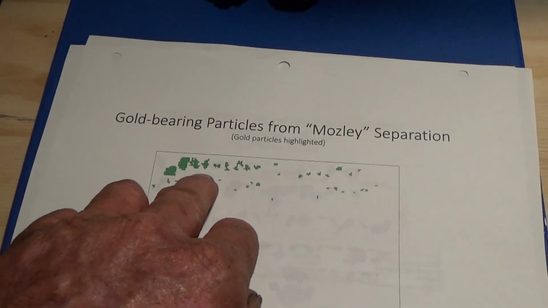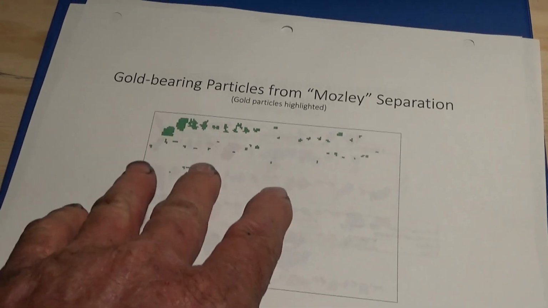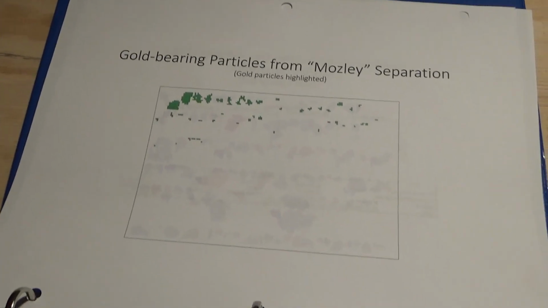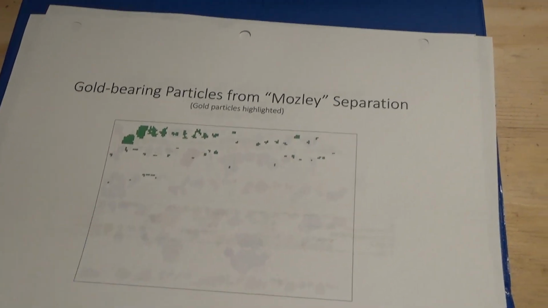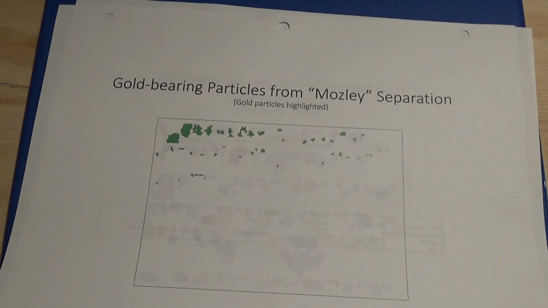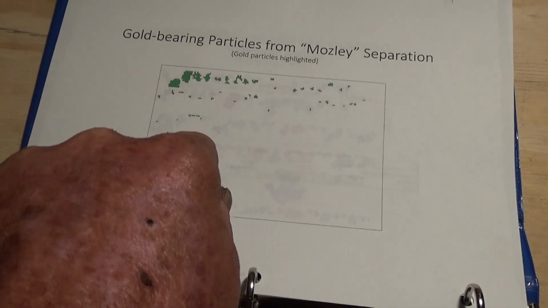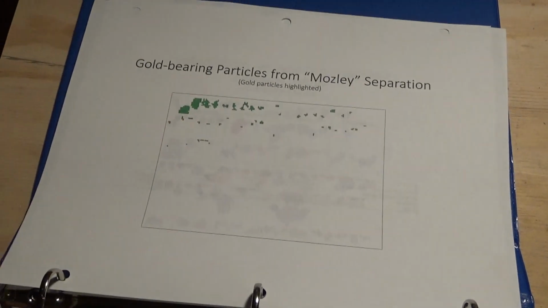Now, these are actual images of the particles. I'm not sure exactly what the scale is, but you see kind of shadows here? Those would be the other minerals in the particles where it detected the gold. You can see there's many here where the gold particle is so small it doesn't even print.